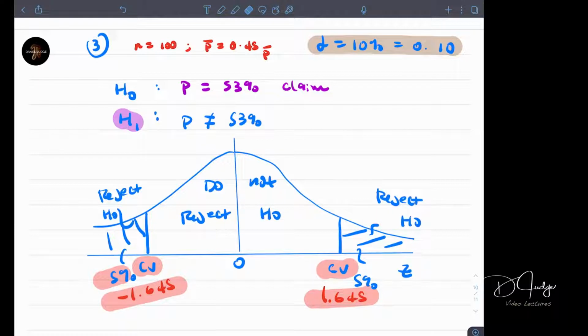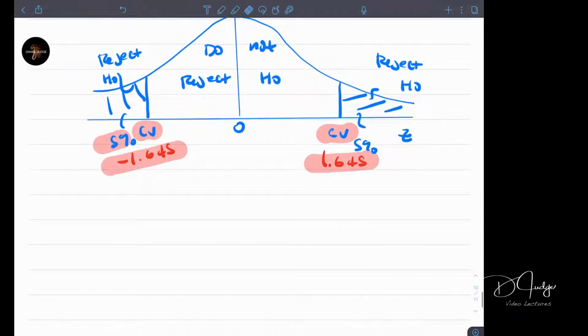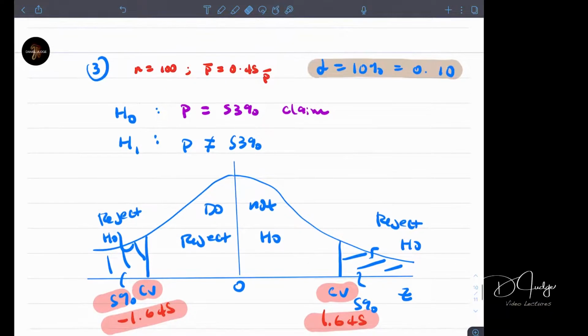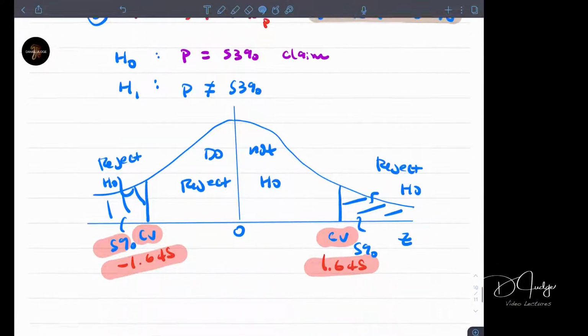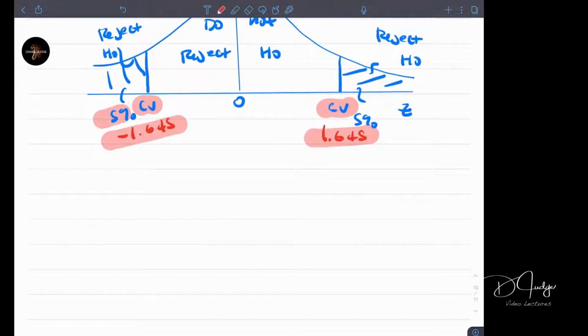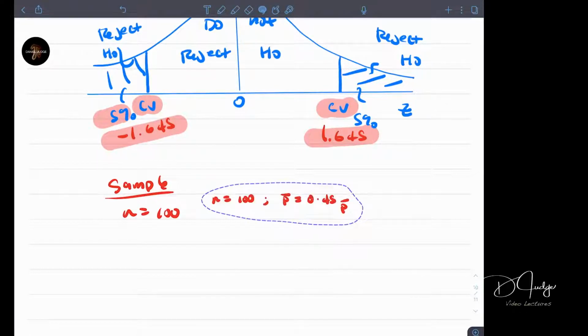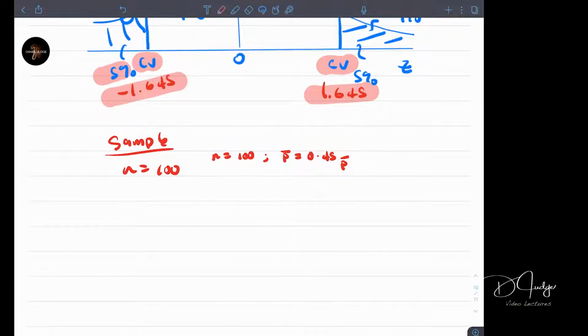Let's clean this up. Now remember what we need. The next step would be to take a sample. So I'm going to copy this here. I know it's kind of small. Sample size, remember, was 100 in this example. And I believe the sample proportion was 45%.